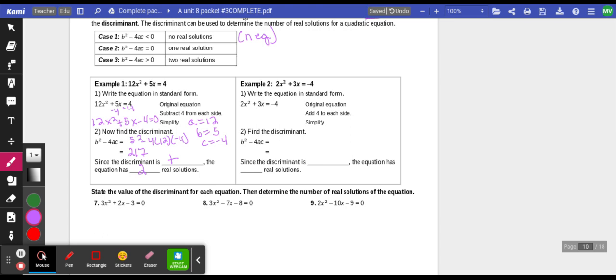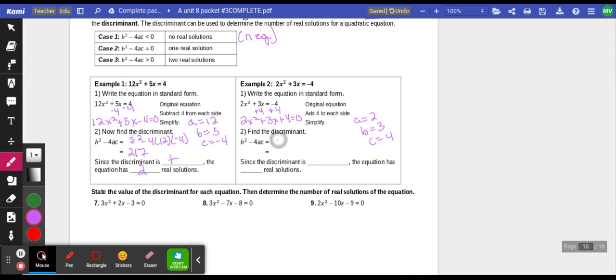So example 2. Again, I need to make it equal 0, so I add 4 to both sides. So I get 2x squared plus 3x plus 4 equals 0. So that means that a is 2, b is 3, and c is 4.